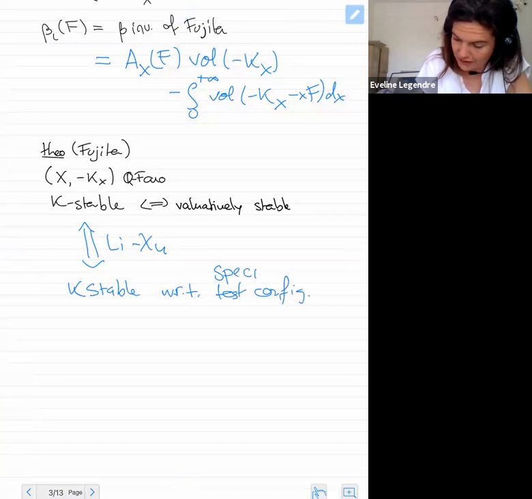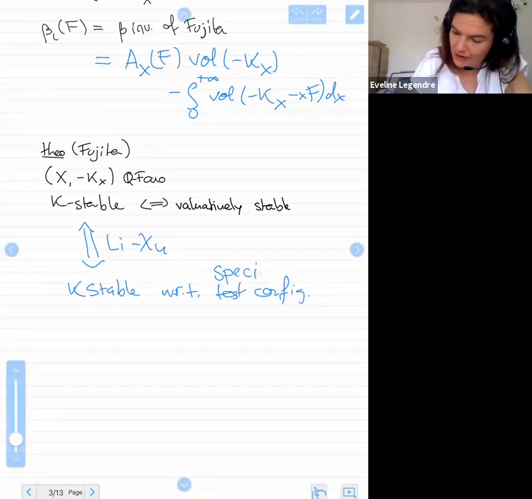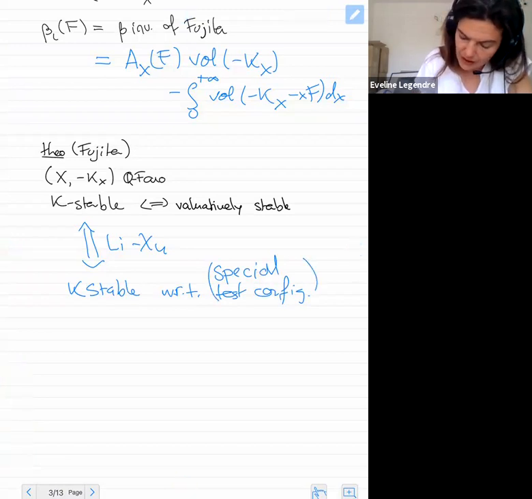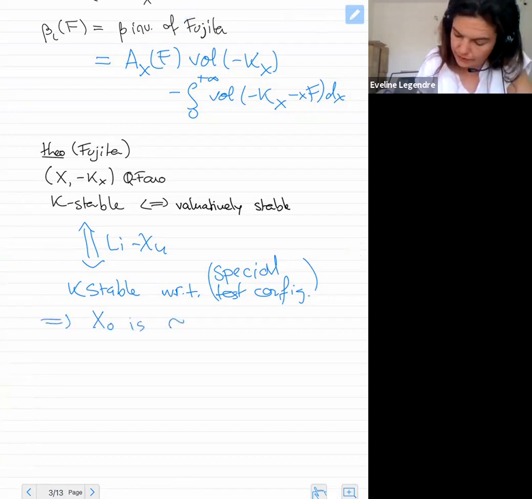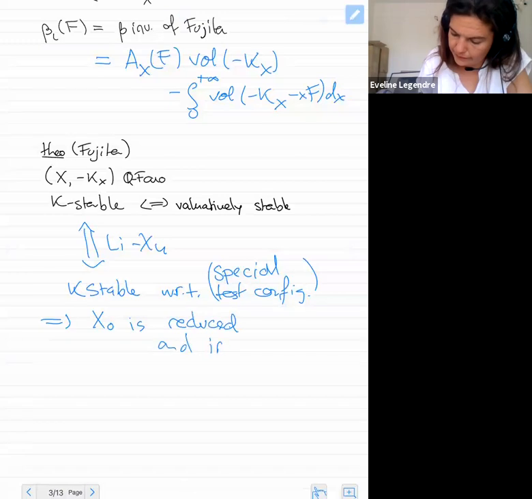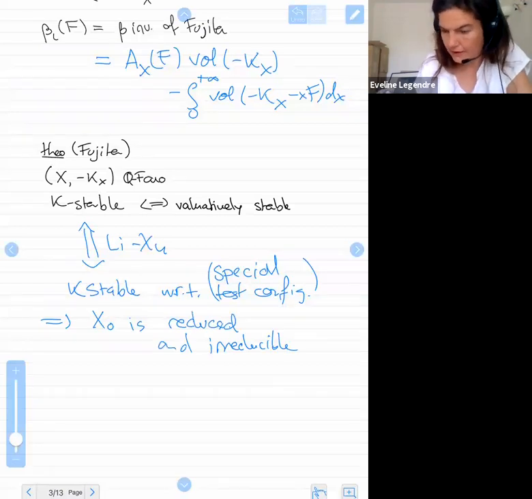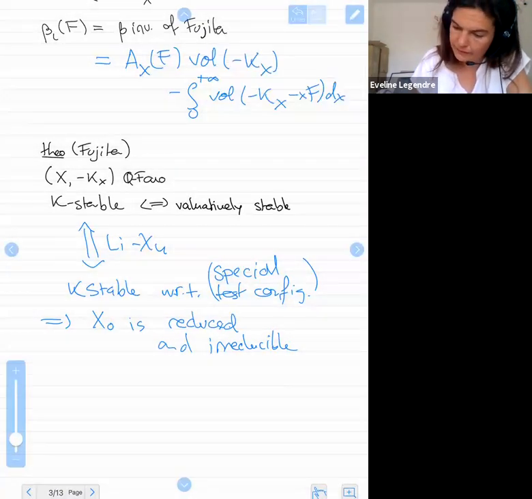This is a very specific way of saying special test configuration, which implies that the central fiber is reduced and irreducible, that is, integral.